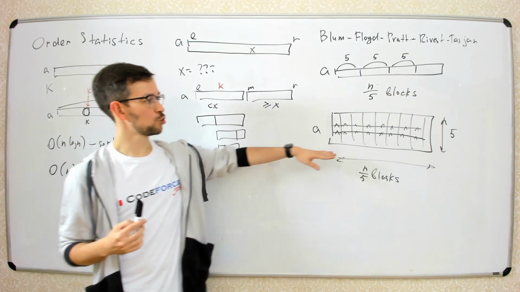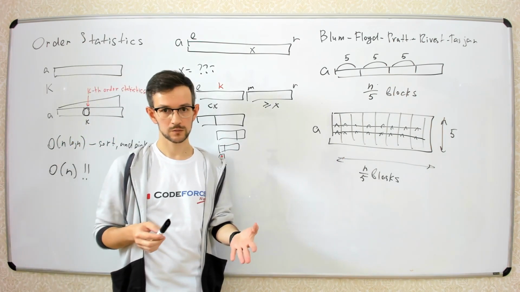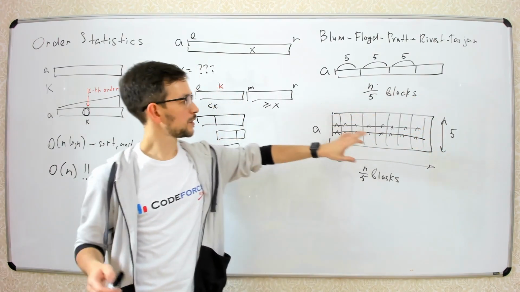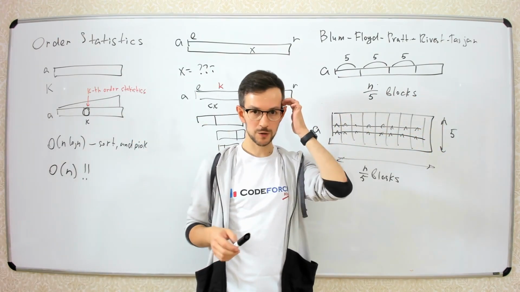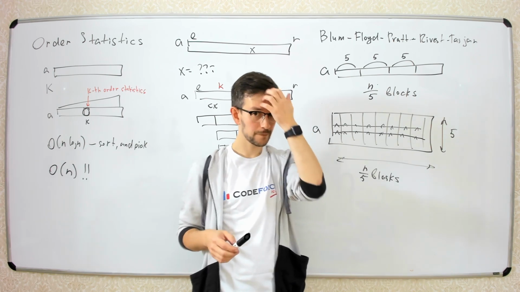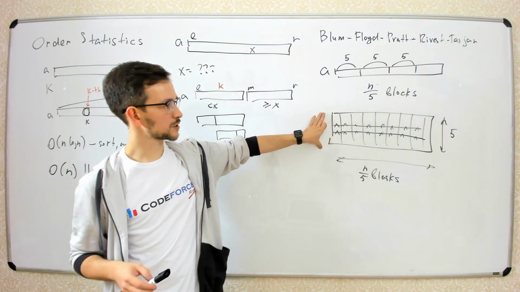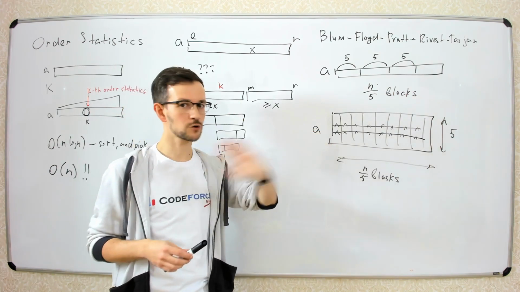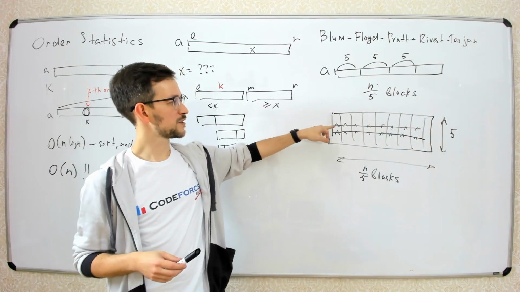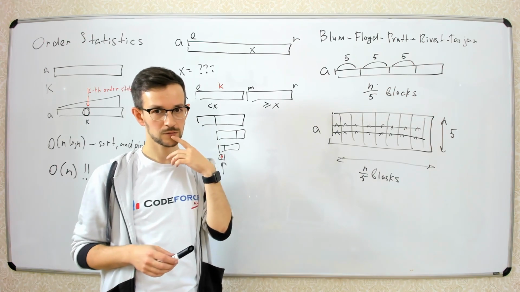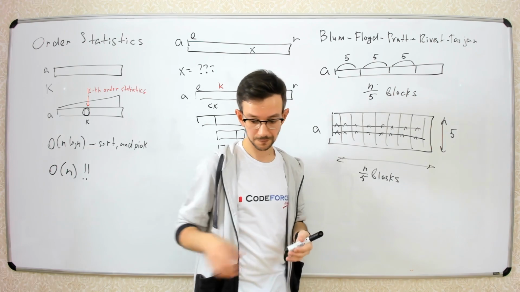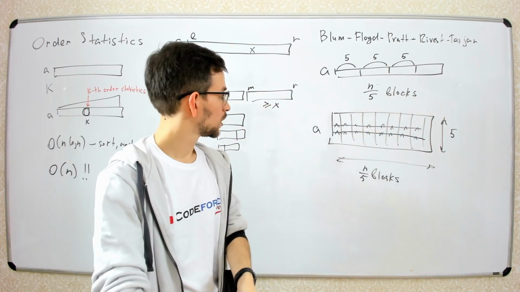Let's notice we can do this in linear time. In linear time we can split the array into blocks, and in linear time we can find the median in each group. Because the size of the group is constant, we can just sort these elements using any sorting algorithm, and then take the middle element. It will cost you some n multiplied by the size of the block.